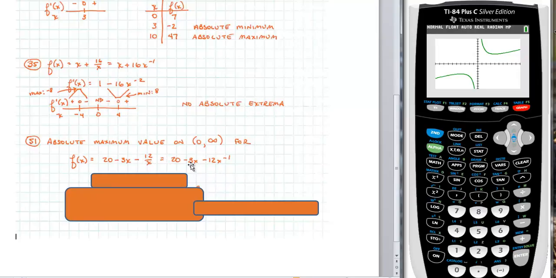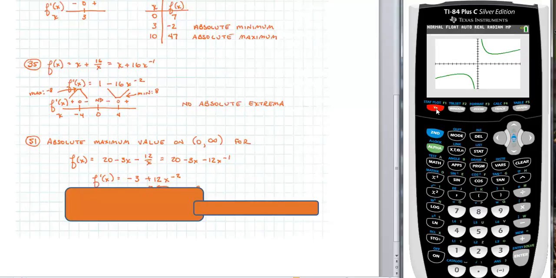So my derivative would be negative 3 plus 12x to the negative 2. Oh, it's so slow. And if I go graph that, negative 3 plus 12x to the negative 2.